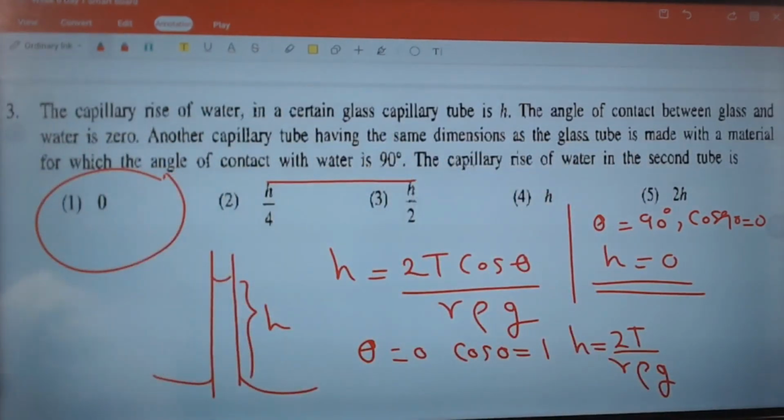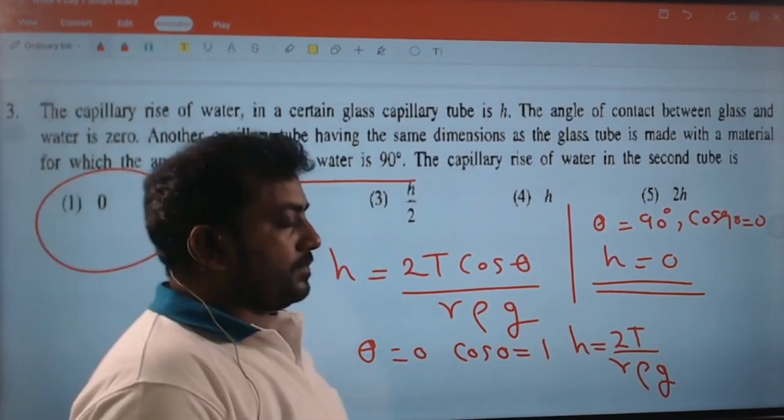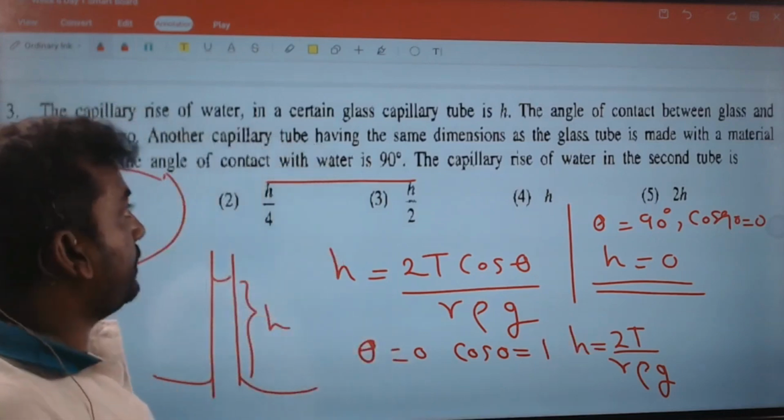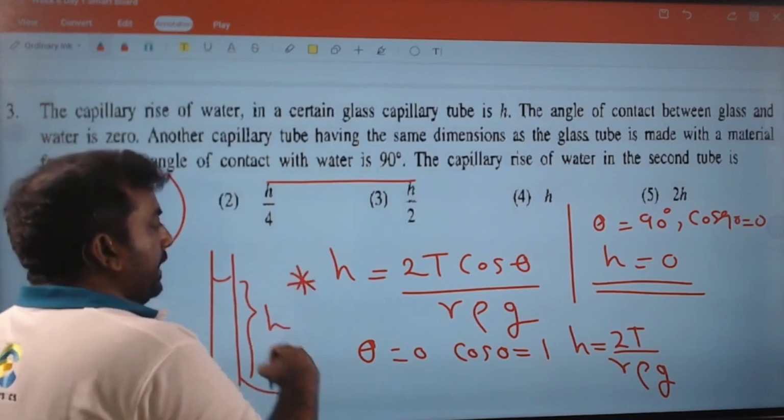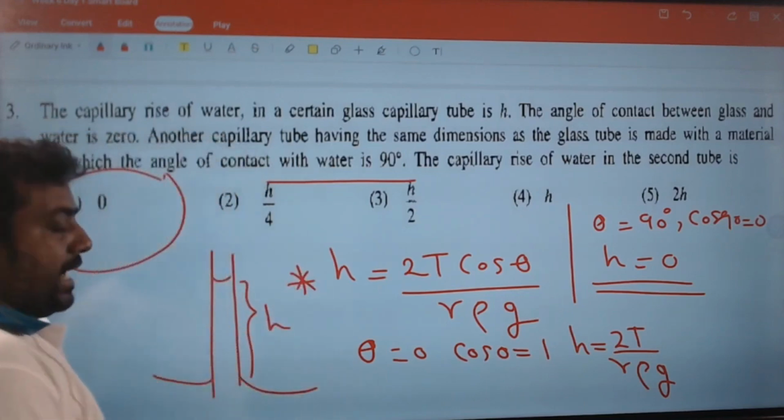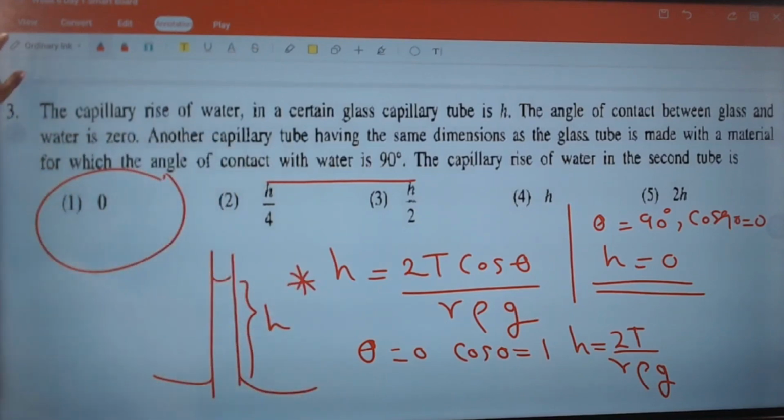Answer number 1. Capillary rise occurs due to surface tension. So this is your governing equation: h equals 2T cos theta divided by r rho g.